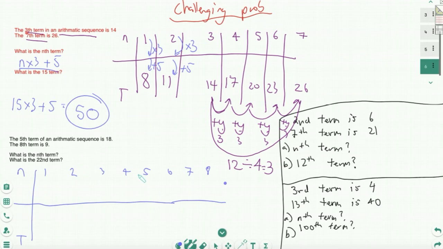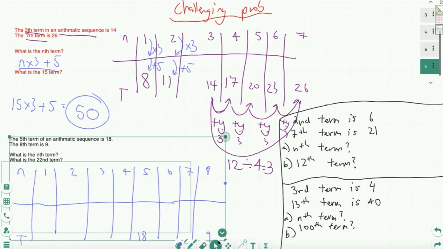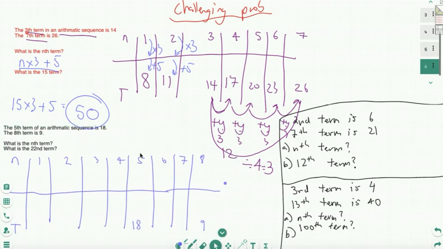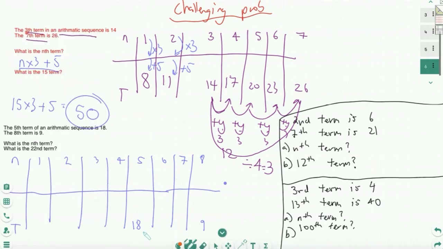So in this problem, we know the fifth term is 18. The eighth term is 9. So from the fifth term to the eighth term, there are how many jumps? 1, 2, 3.